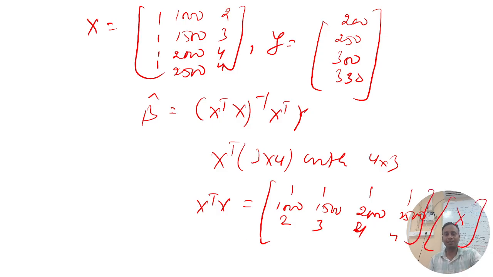If we multiply, it will come out like this: 4, 7000, and so on. You can do that at home. Hopefully you will be able to do the matrix multiplication now, since you know how.